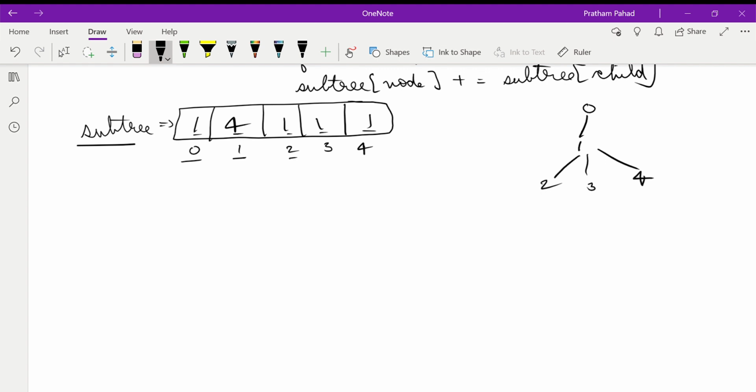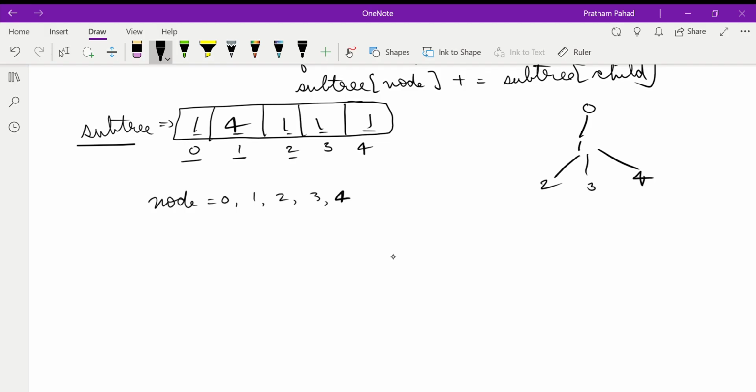Now what we'll do, we'll visit each and every direct child of the parent. Okay, so firstly visit 0. We'll visit node 0 1 2 and 3 and 4.